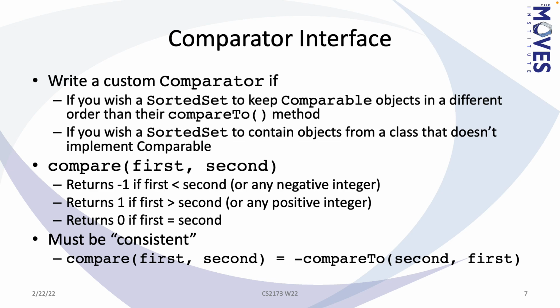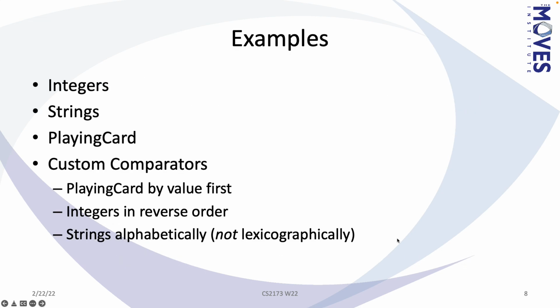And again, they need to be consistent: if I reverse the arguments, I get the negative of the other one. Okay, so here are some examples that I had planned.